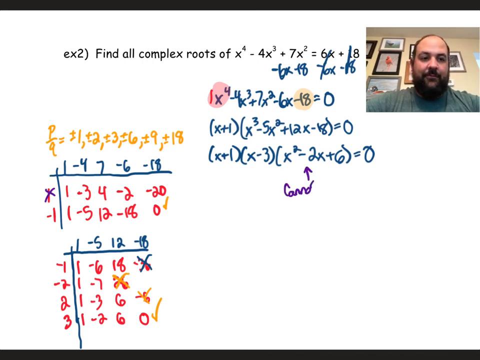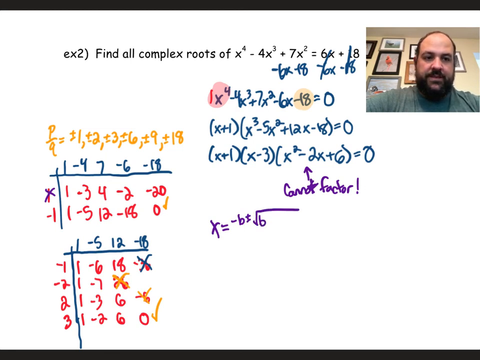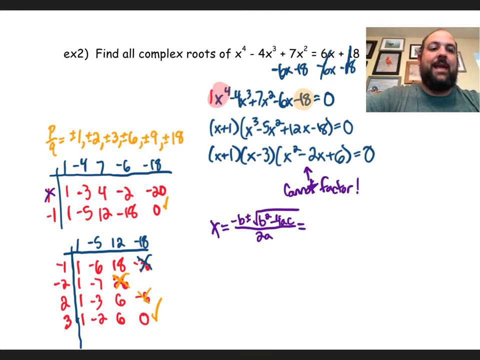So if we can't factor, that means we have to rely on the quadratic formula. So -b plus or minus the square root of b squared minus 4ac all over 2a. And we're going to have to substitute in our a, b, and c values.